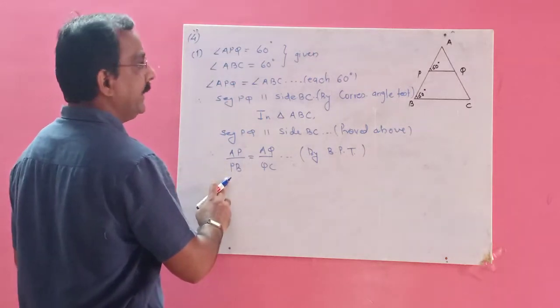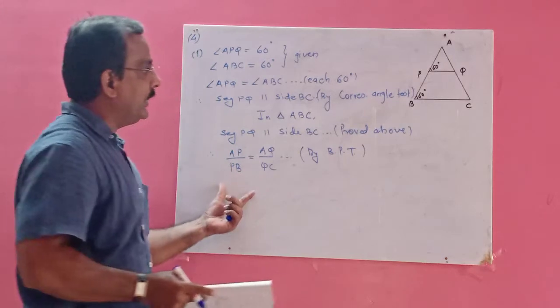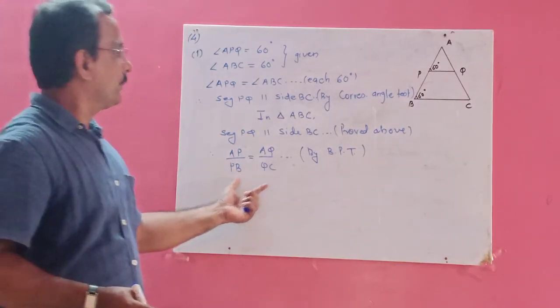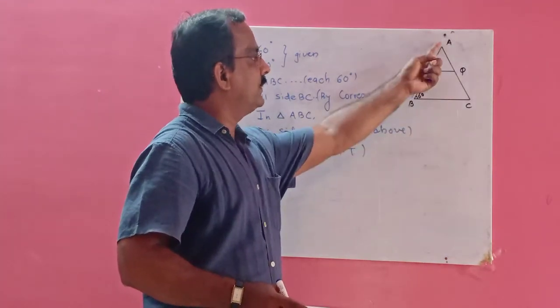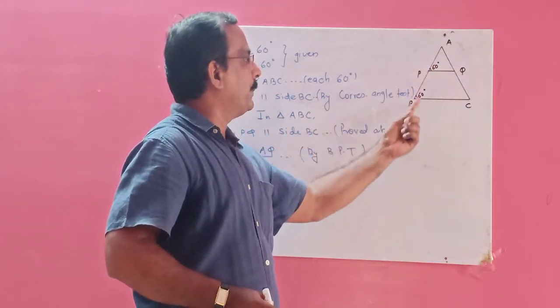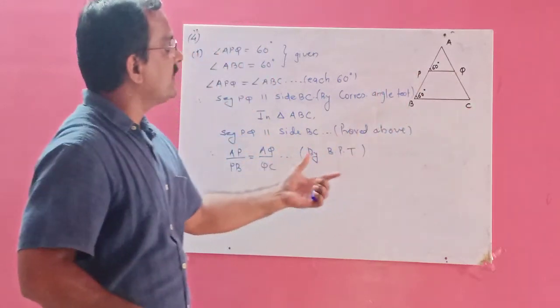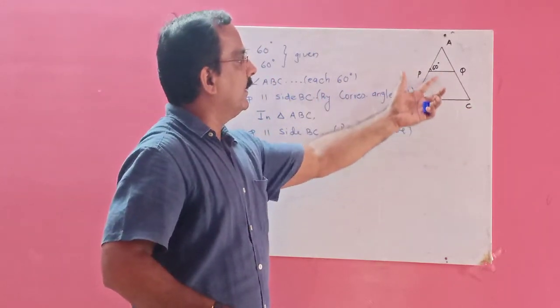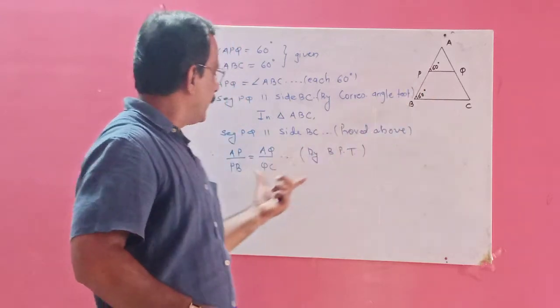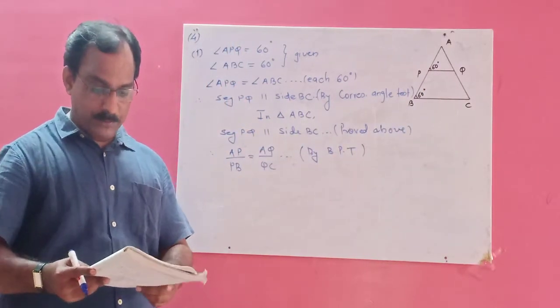AP upon PB is equal to AQ upon QC, and this only you have to prove. This is parallel to this. In this triangle, apply BPT, so you will get AP upon PB is equal to AQ upon QC. So what is important in this? You have to prove these two parallel. Once these two become parallel, then by applying BPT you can get your answer.